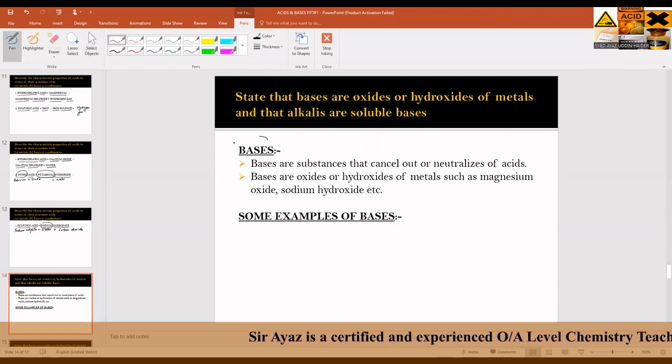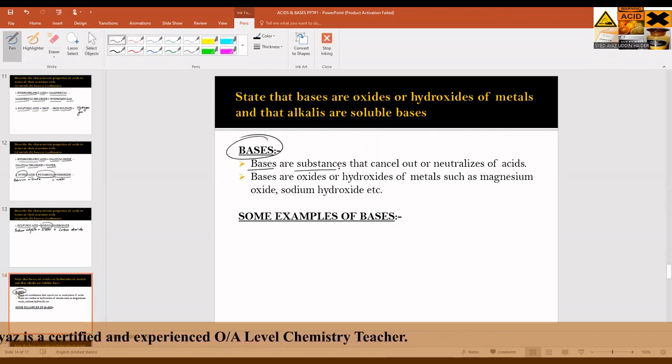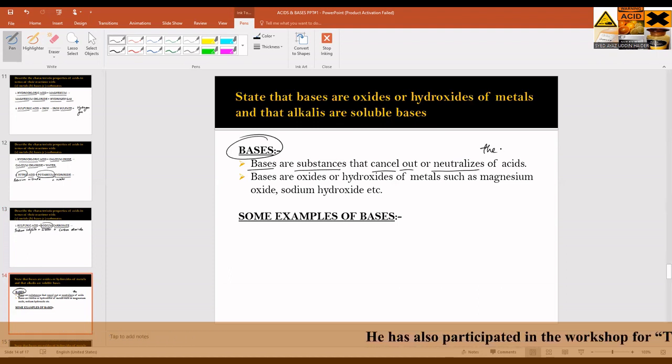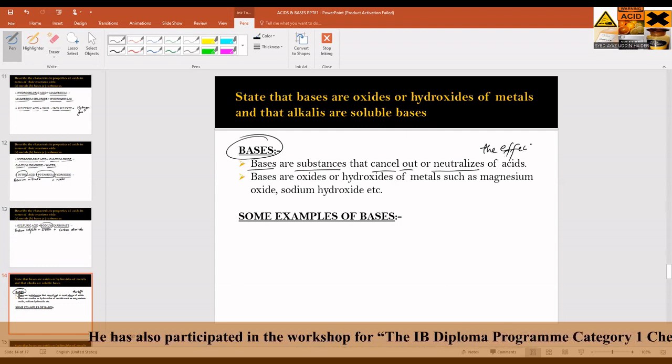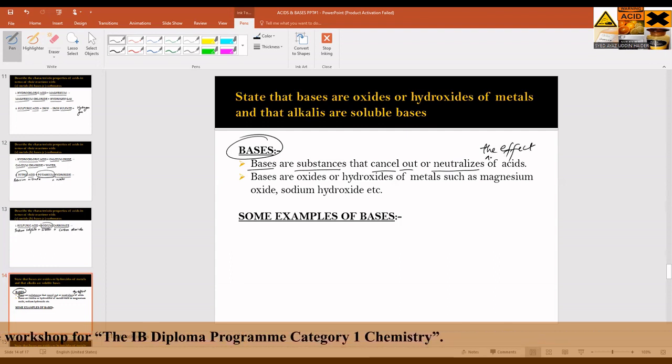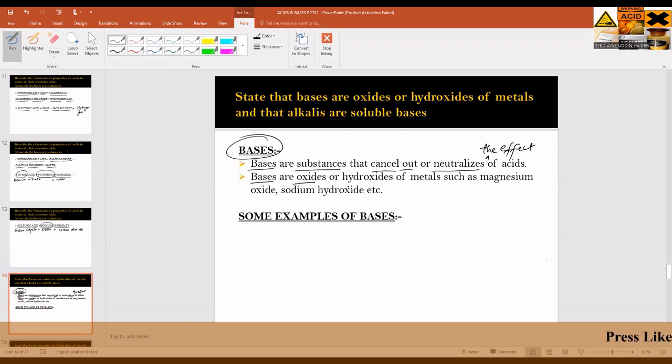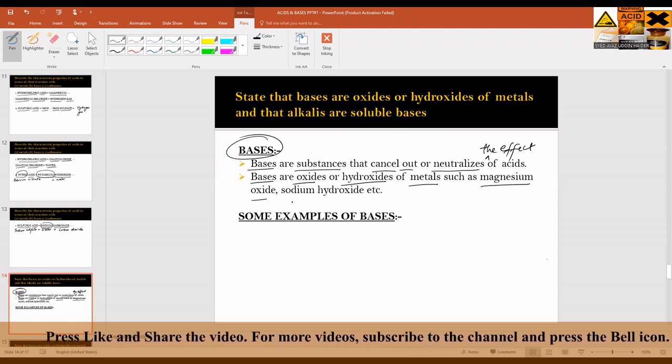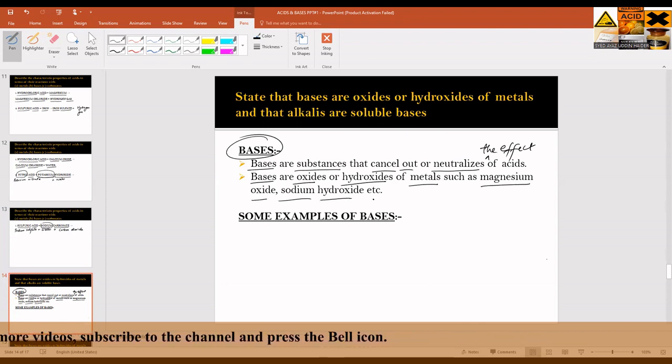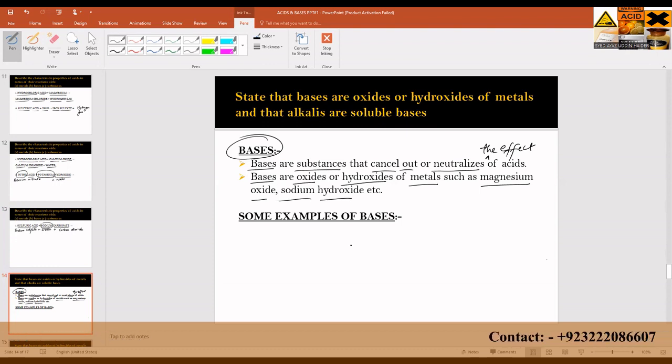Now let's talk about bases. Bases are substances that cancel out or neutralize the effect of acids. Bases are oxides or hydroxides of metals such as magnesium oxide, sodium hydroxide, etc. There are so many examples of bases.